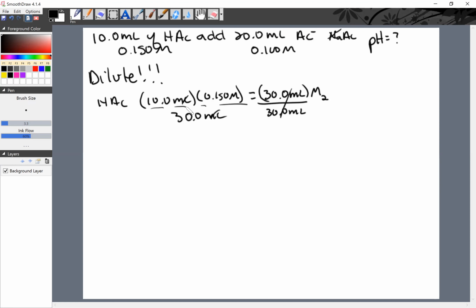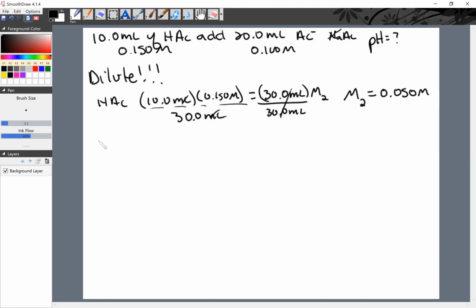Milliliters are gone, and my answer is going to end up in molarity. And so my final concentration, M2, is going to be 10 times 0.15 over 30. Oh, wow. Look at that. I didn't mean for it to come out to 0.050 again, but it did. All right. Well, that's what my acetic acid solution is going to do.